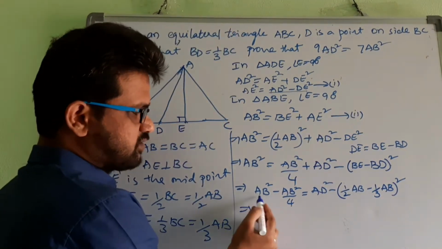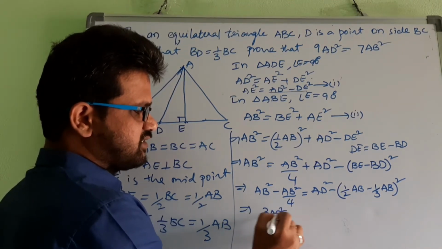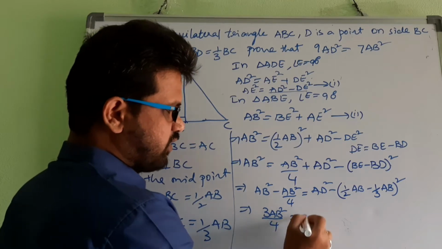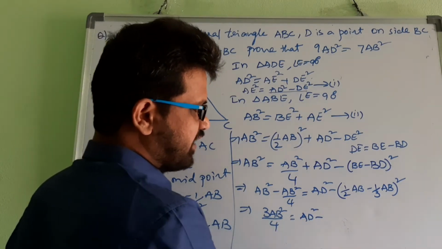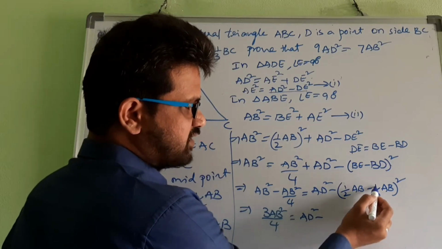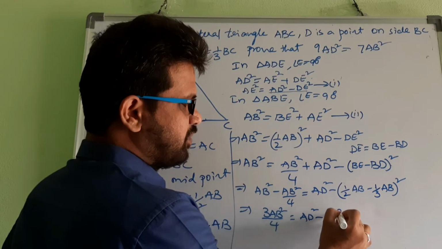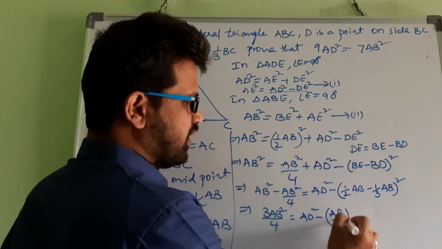AB square minus AB square by 4 is 3AB square by 4, LCM is 4. And 1 by 2 AB minus 1 by 3 AB, LCM is 6, so we can write AB by 6 whole square.